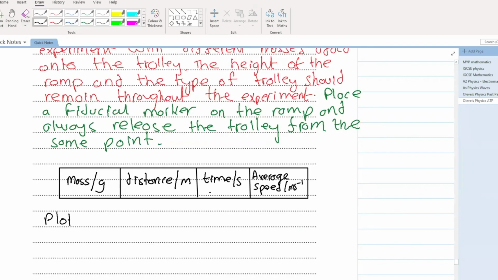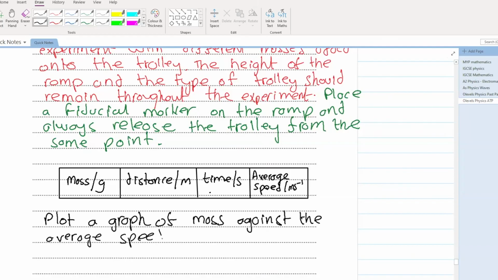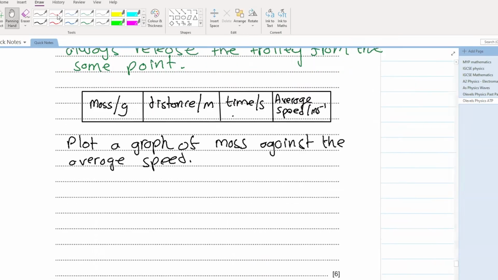Plot a graph of mass against the average speed. Or what else can you write here?